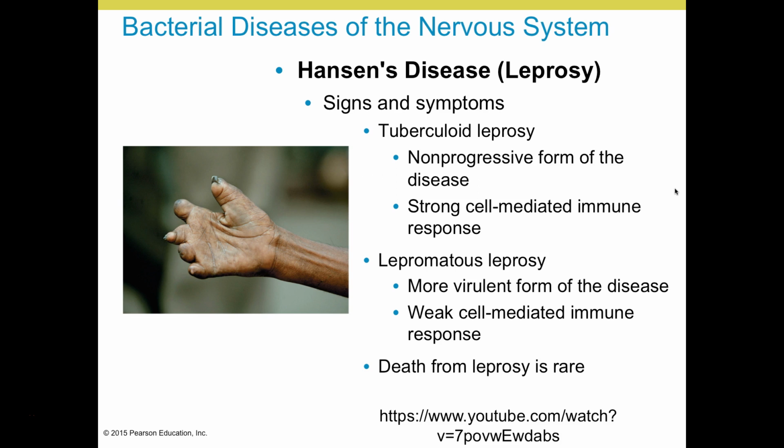A lot of people think it is a skin disease, but no, it actually gets into your nerve endings, and once your skin, or your fingers rather, don't have those nerve endings, they start to break down. It goes throughout your extremities first and then throughout your body if not treated. However, the death rate is actually very low.